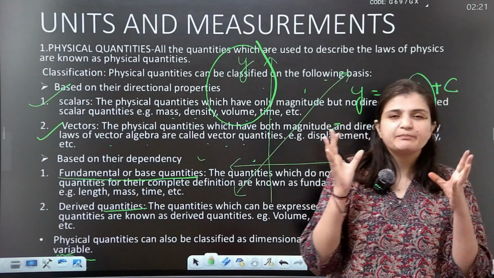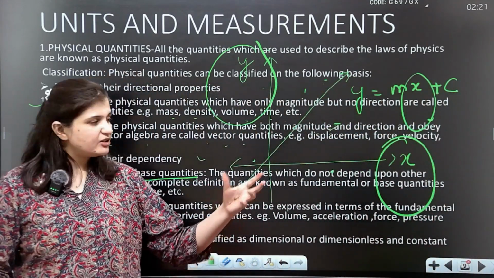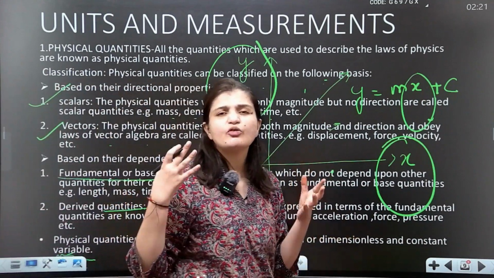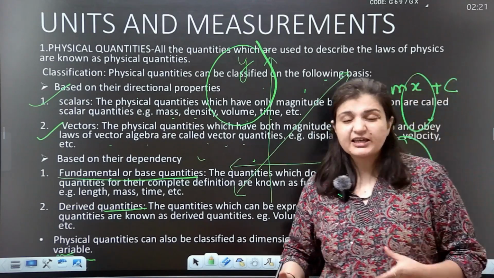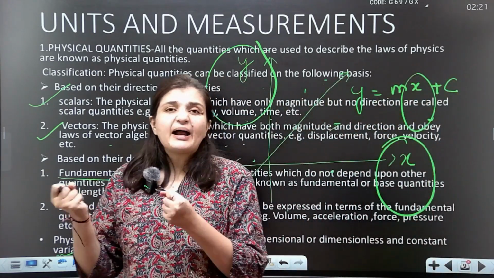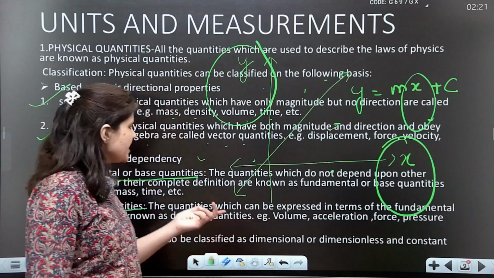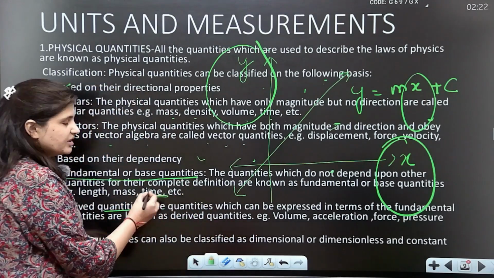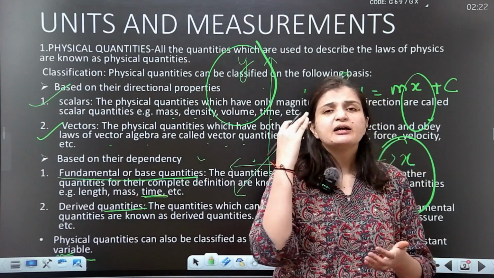We have simplified very basic quantities which are not dependent, like the mass of an object. Mass, what is a mass? The total amount of matter contained in an object. Similarly, we have time. Time running a race: how much time will it take to complete the race?